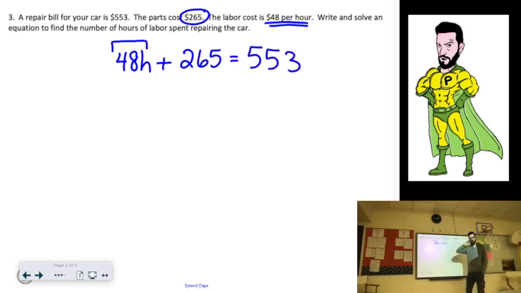That's the hard part, setting it up. But look for words like per or each or of. Those will mean multiplication. So if we toss an equal sign down the middle there, what can we get rid of? I see plus 265, so let's subtract 265.